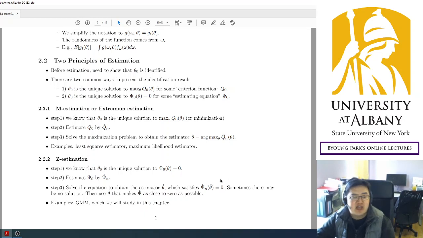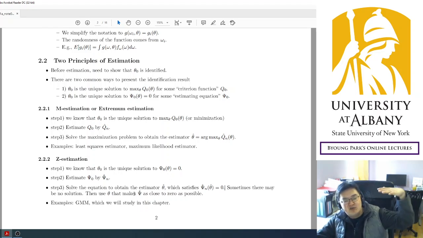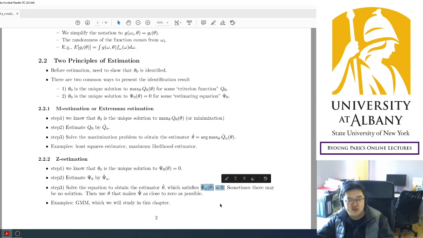Or in some cases, there may not be an exact solution to 0, and then you may choose a value that is as close to 0 as possible. So anyhow, find a solution or reasonable solutions to this equation.